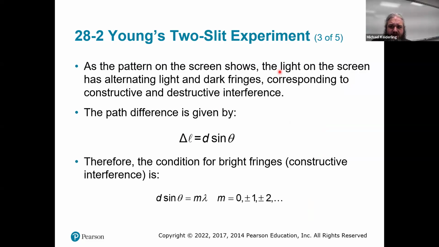And if we put together the structure, the difference in distance traveled by one slit compared to the other is the distance between the slits times the sine of the angle that it is at.